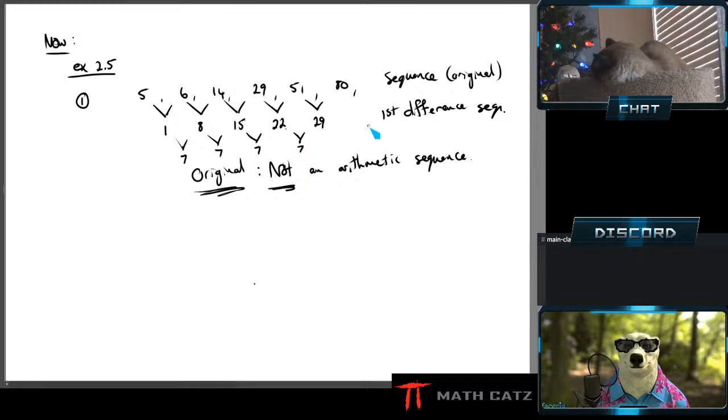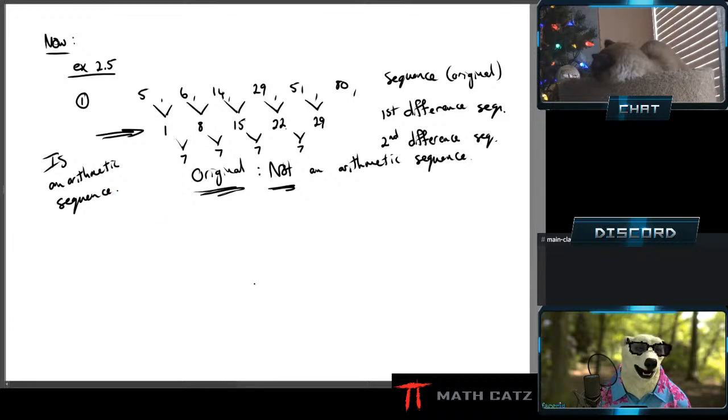It's a sequence in its own right. It has the numbers 1, 8, 15, 22, 29, and so on. I can go a level further down if I want to, and in some cases I might have to, and the further I go, I just count the levels down. But in this case, this first difference sequence is an arithmetic sequence. So my original sequence is built on top of an arithmetic sequence. Itself, it is not an arithmetic sequence, but it's connected to one.